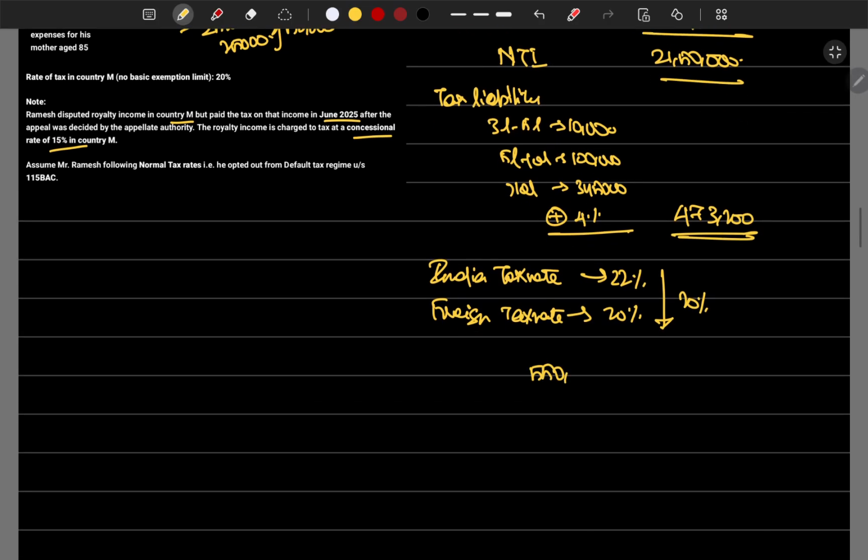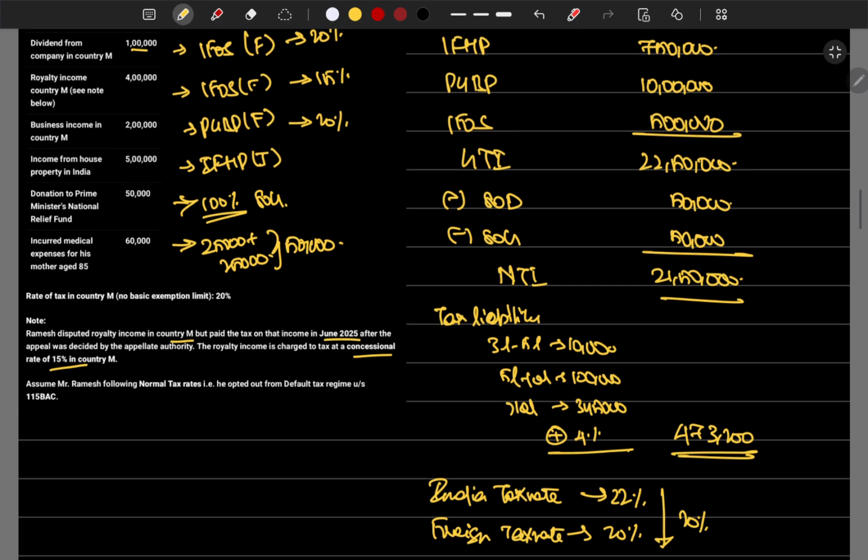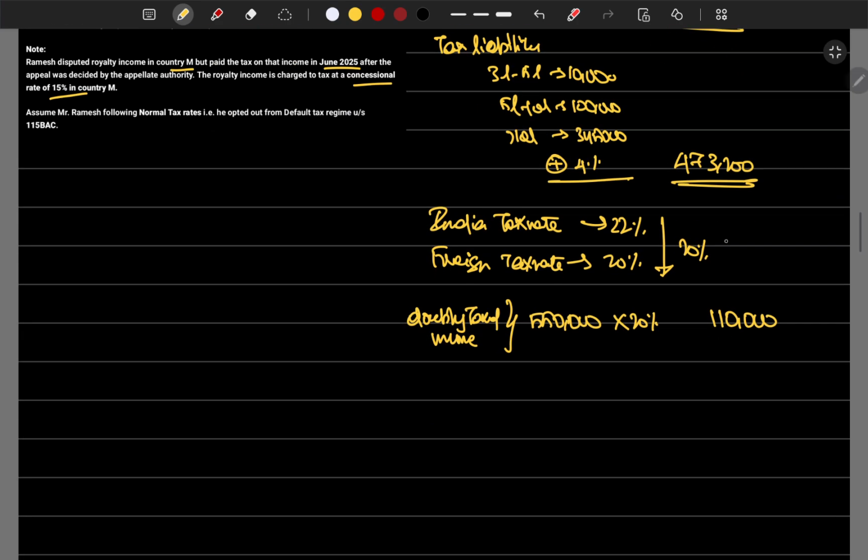So 5,50,000 is the doubly taxed income. So we have to give a relief at 20%, which is 1,10,000, right? And also we have another income which is taxed at 15%.